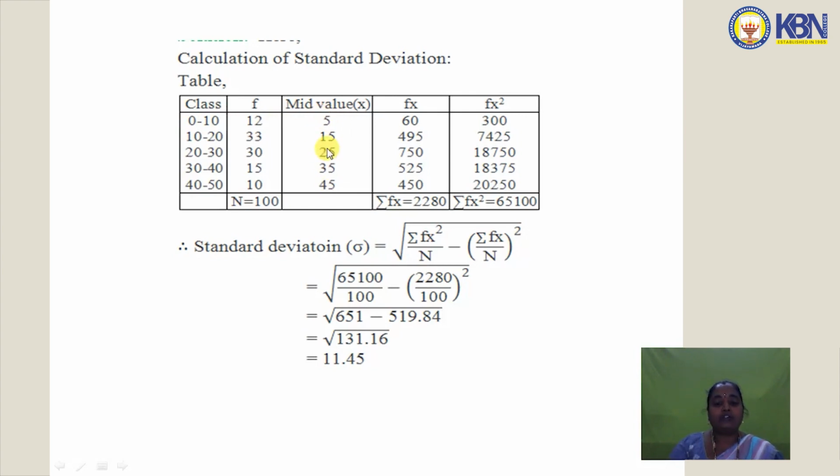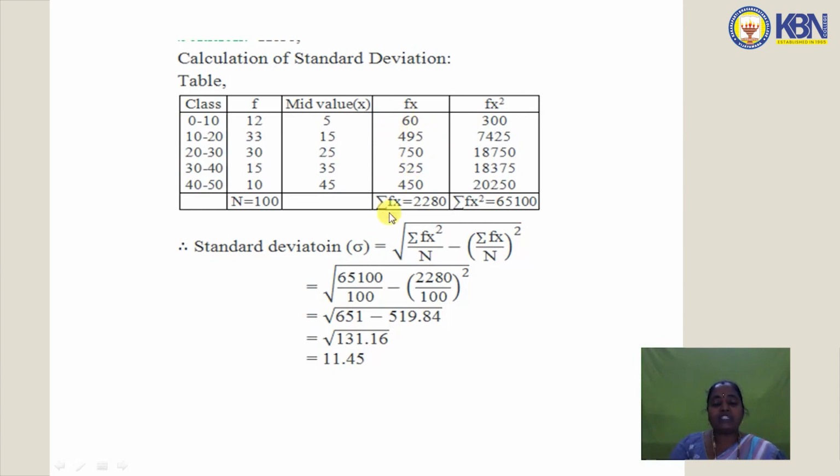After getting mid values, we calculate fx, multiplying each frequency with its mid value: 12 into 5, 33 into 15, 30 into 25, up to 10 into 45.